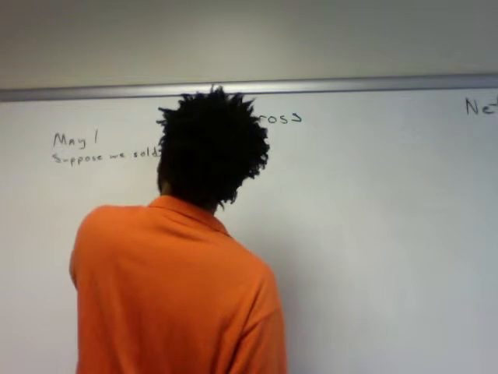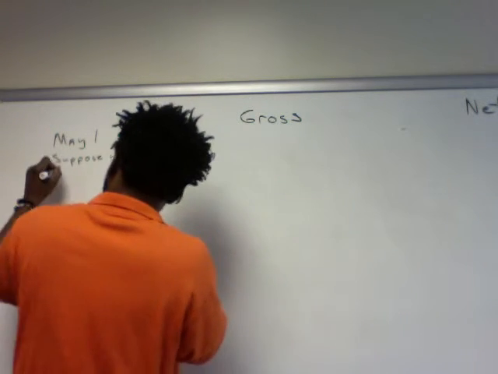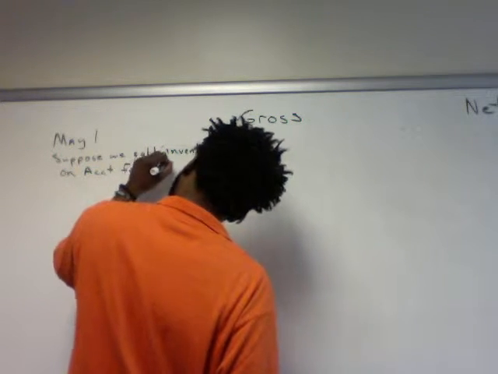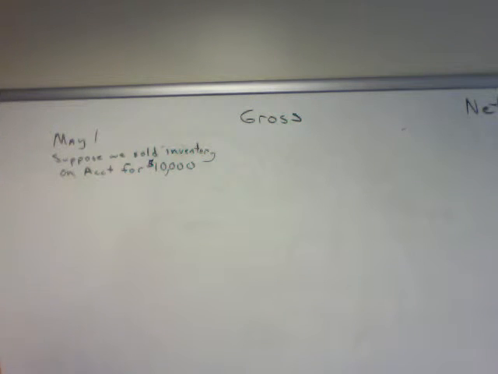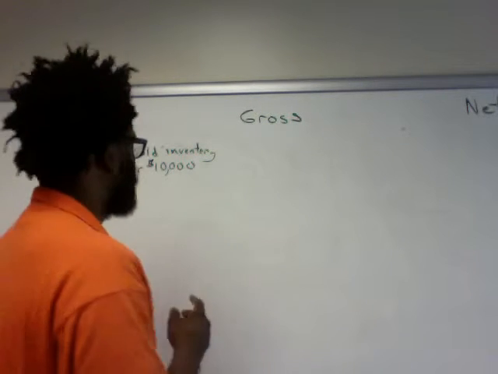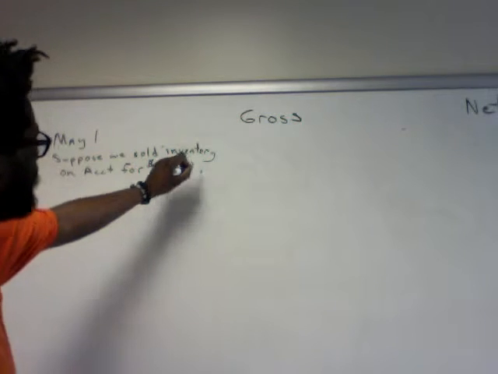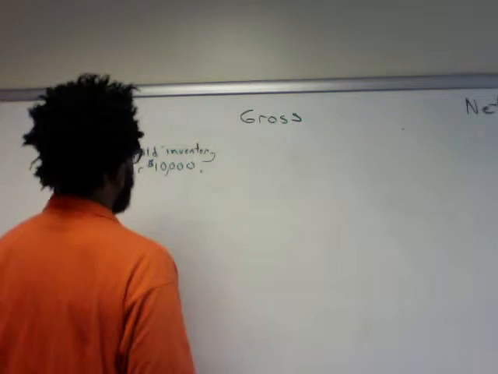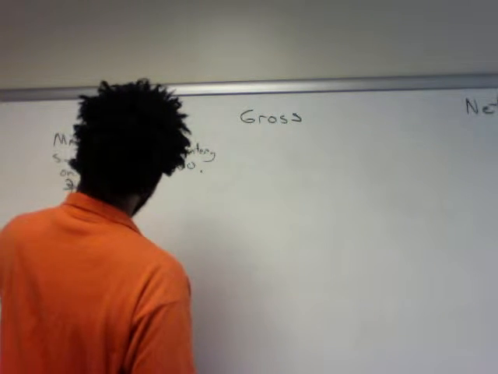We sold inventory, let's just say inventory, on account for $10,000. And right now, for simplicity, we're going to ignore the cost of the inventory and the journal entry that's affecting inventory and cost of goods sold, because I'm just trying to get to my point in terms of accounts receivable. So let's just leave it at that. So on the first, we sold inventory on account for $10,000, discount terms 2/10, net 30.